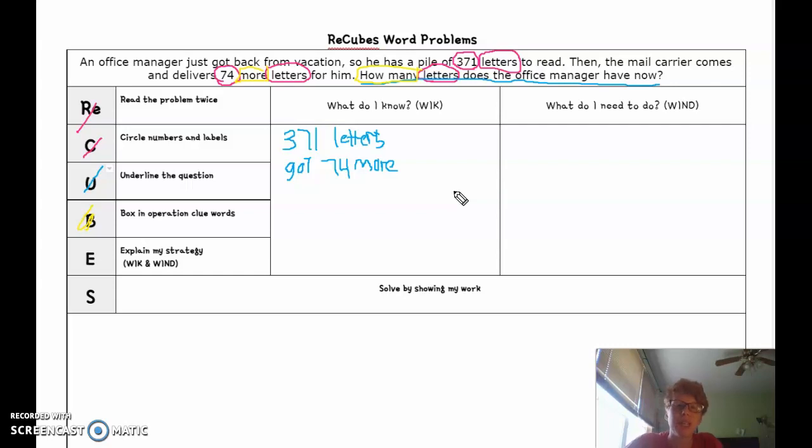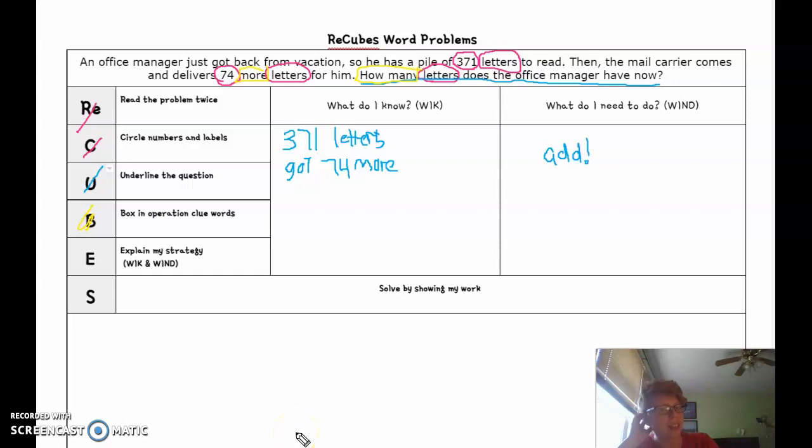Now, what do we need to do? This is how we're going to explain what we are doing. What do we need to do to figure out how many letters he has? Well, we probably need to add them, right? We need to add. Very good.